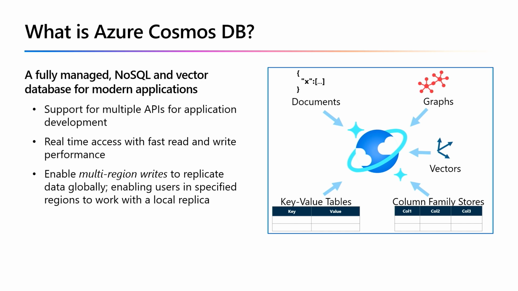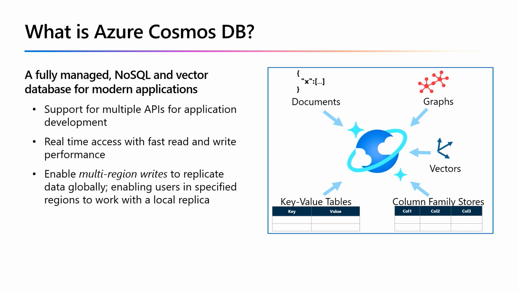But Cosmos DB isn't just about speed and scalability, it's also about global accessibility. You get multi-region writes with just the click of a button. That means you or your organization can add Azure regions wherever they are needed.